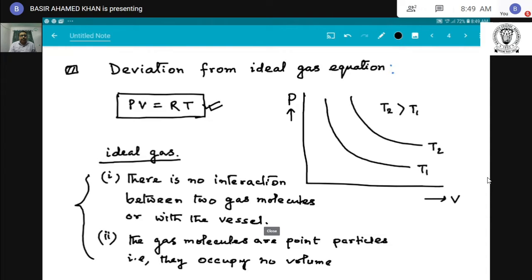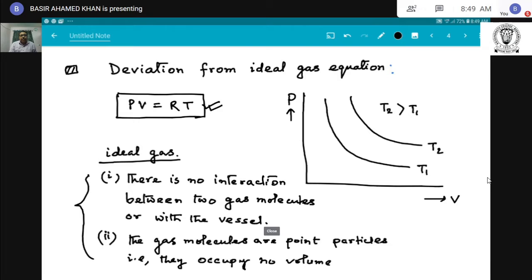So pressure depends on the interaction between the gas molecules and the vessel of the gaseous system. So that's why it is clear that the ideal gas equation will be different from the real gas equation, because in real gas the gas molecules occupy volume, whereas we assume in ideal gas the gas molecules have no volume.